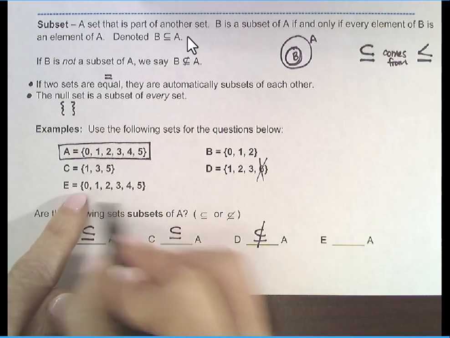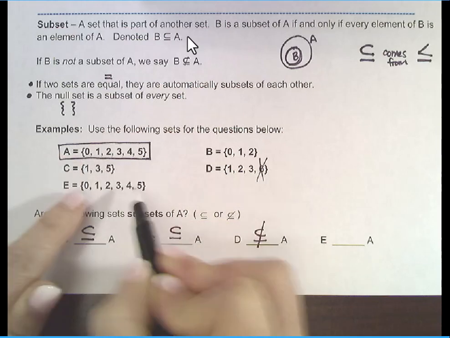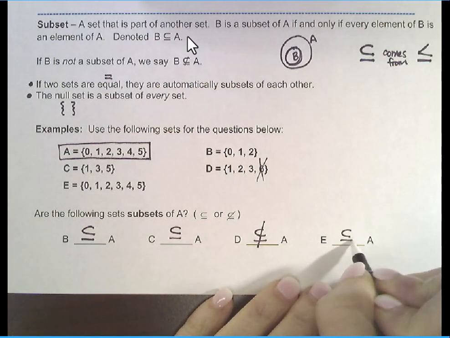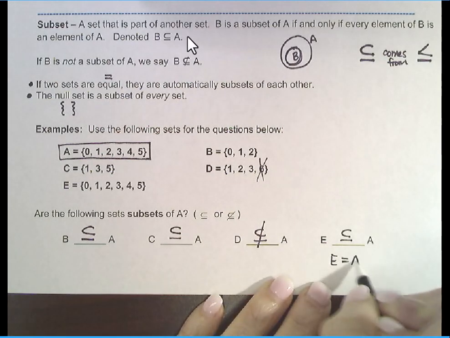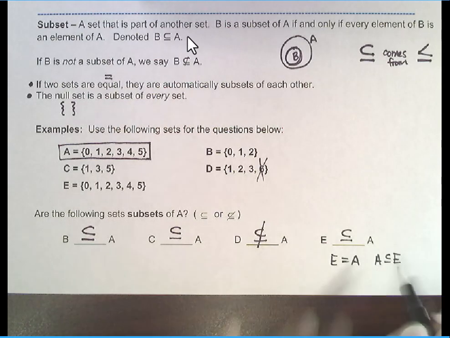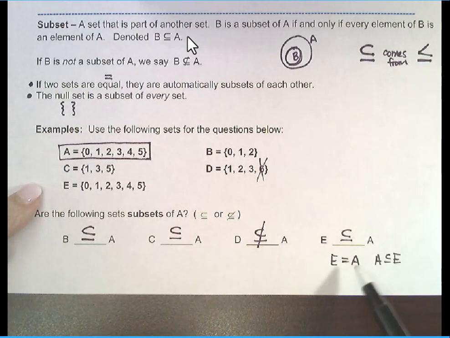E contains the exact same elements, 0, 1, 2, 3, 4, 5, as A. So they're actually equal to each other, which means that E is a subset of A. We could also say A is a subset of E. Since they're equal, all 3 of these relationships would hold. But yes, you can have the same number of elements, that's the equal to, or you can have less elements to be a subset.